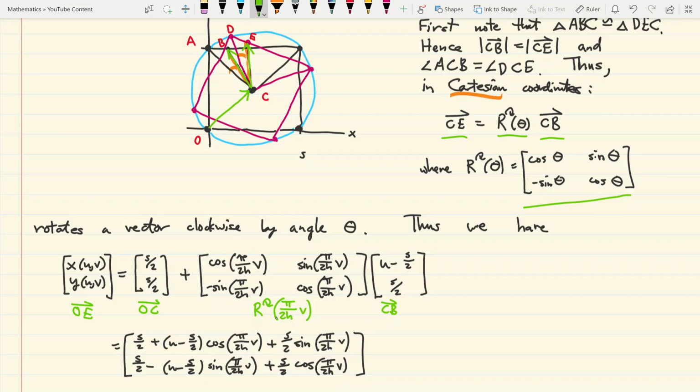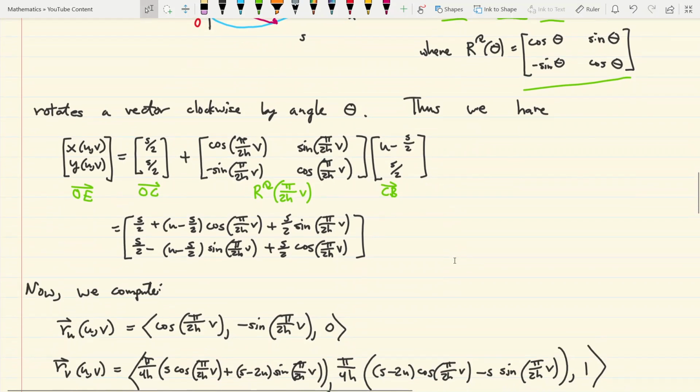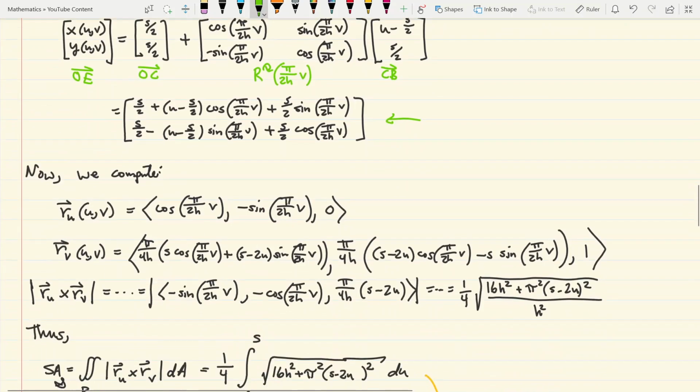CE is the rotation matrix for the angle, which is pi over 2h times v, times this vector CB. And note that for the vector CB, you have to subtract s over 2 in its coordinates. And so we simplify and we get this expression here. So now we have figured out what x and y are in terms of u and v.